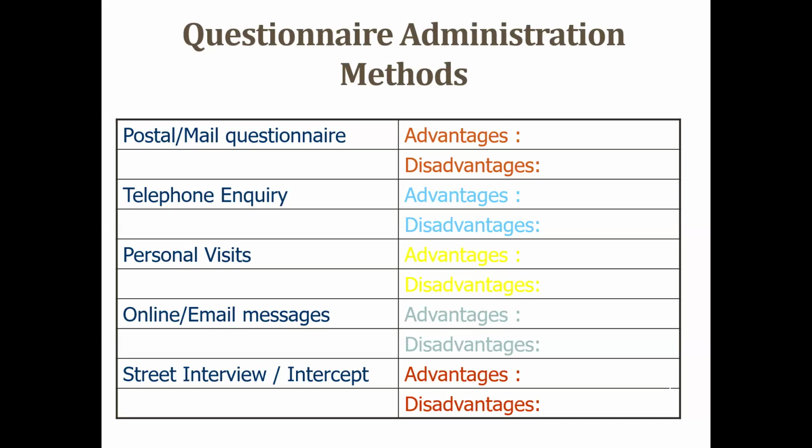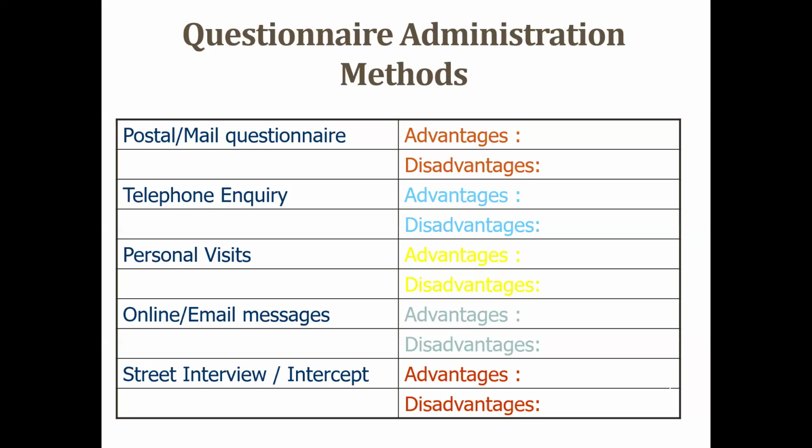We have Google Forms, SurveyMonkey, Kobo Collect, and several others that are online platforms used for designing and administering survey studies. So you can design your questionnaire on those platforms, and you can create a link that you can share with a large number of people far and near who can respond to your questionnaire.